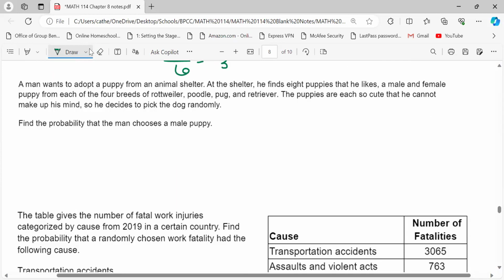All right, a gentleman wanting to adopt a puppy from an animal shelter. He finds 8 puppies that he likes, a male and female of each puppy of the 4 breeds. So you have a male Rottweiler and a female Rottweiler.